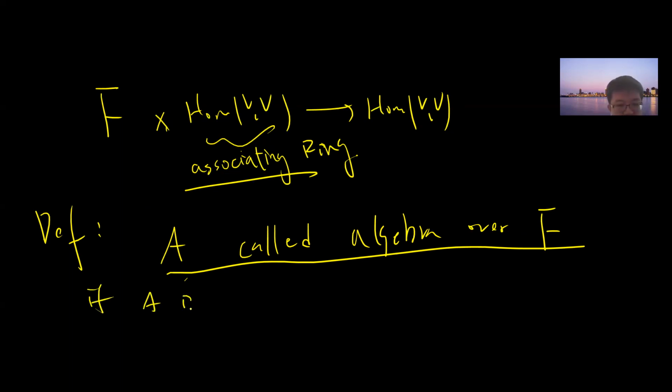An associative ring A is called an algebra over F if A is a vector space over F. Remember that Hom(V,V) is already a vector space.